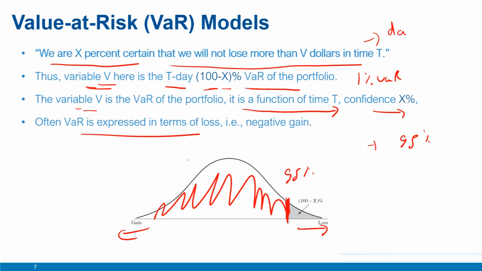Then VaR is expressed in terms of losses or negative gain, and we say that on the negative gain or loss function, this is the 95% VaR. So the cutoff point is the 95% VaR, and we make again the same statement that we are 95% certain that we will not lose more than V dollars, which is this cutoff point, in time t.